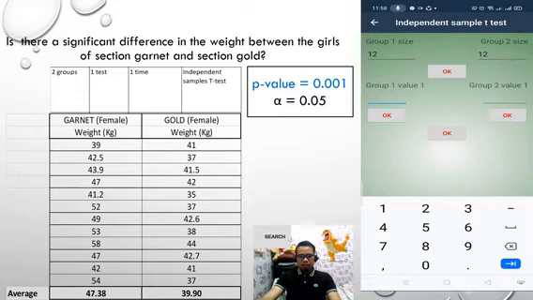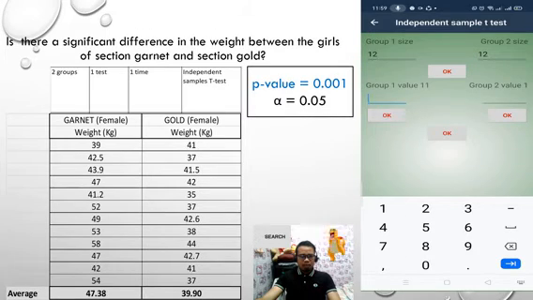For group 1, we have 39, then 42.5, next is 43.9, then 47, 41.2, 52, let's key in 49, 53, 58, 58, 47.